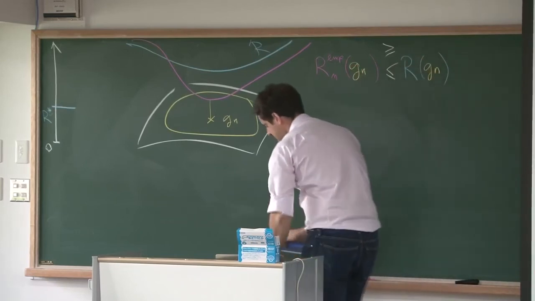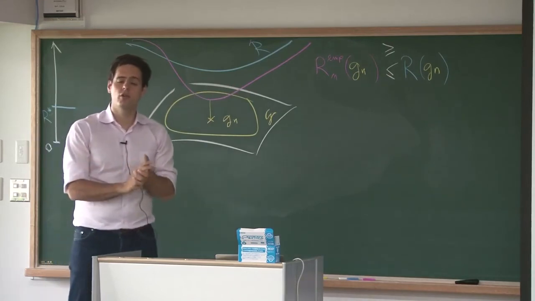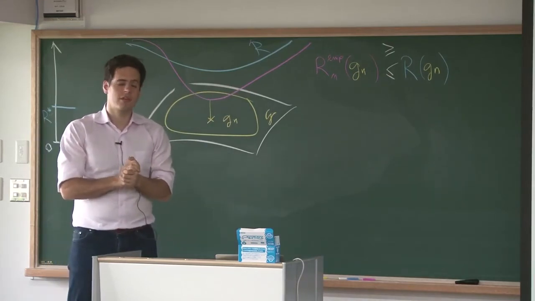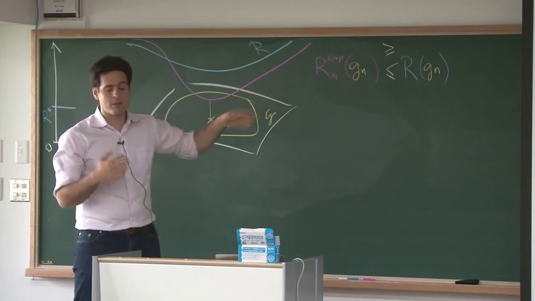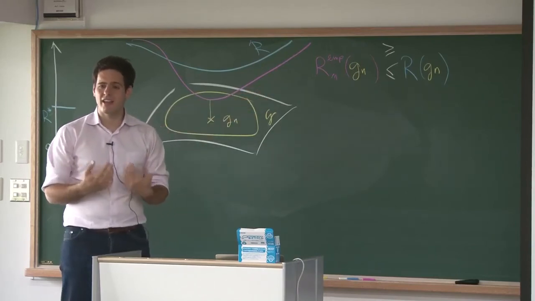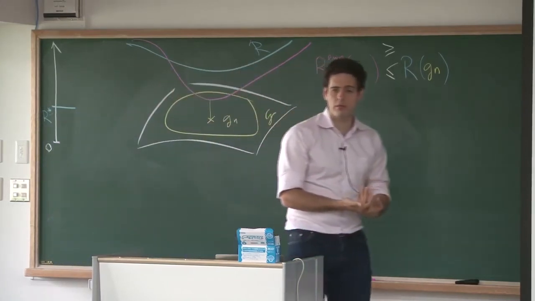So concretely, if you come up with a function whose empirical risk is higher than the true risk, is it a problem?